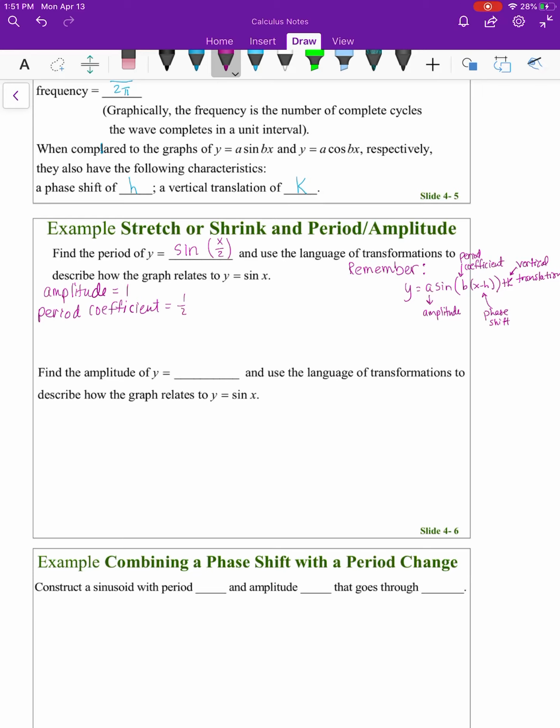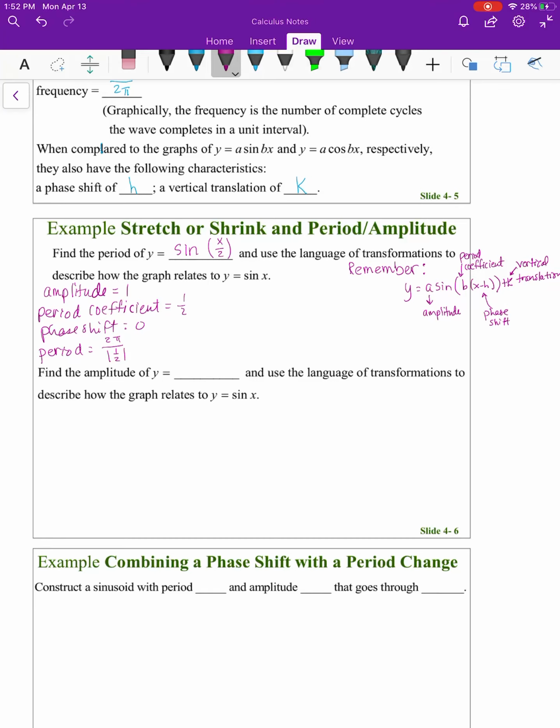And our period coefficient, which is not our period, it's our period coefficient, is 1/2. Our phase shift is 0. We don't have a phase shift. And our vertical translation is 0, right? There's no vertical shift, so that means it's right on the x-axis.